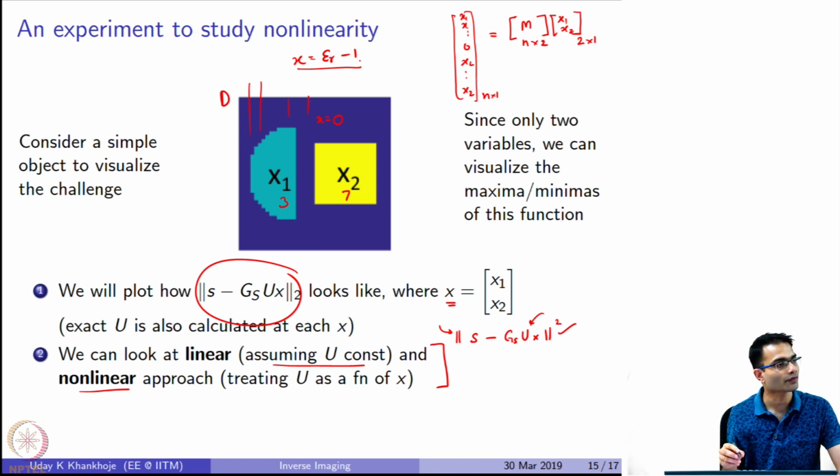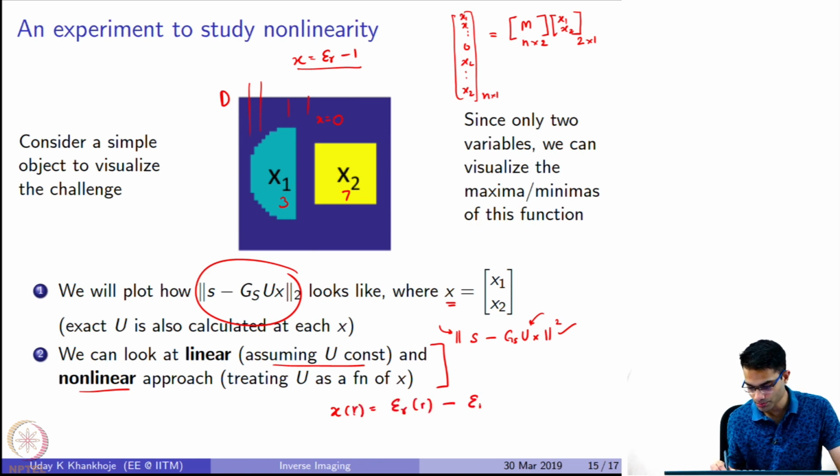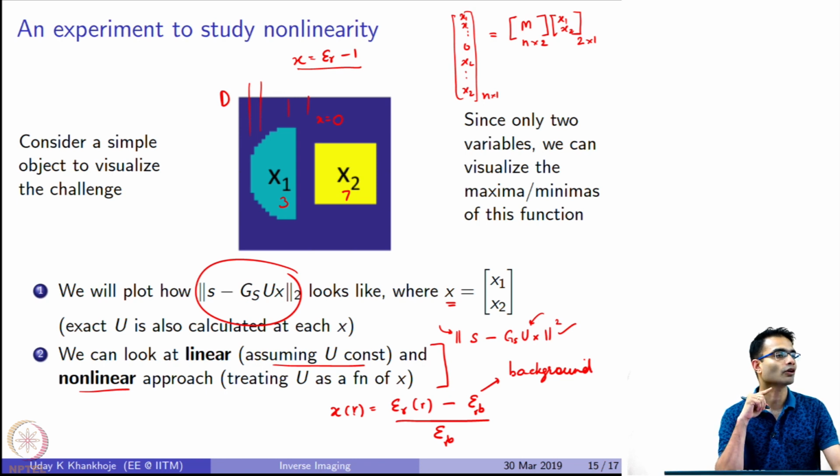The true definition of contrast is actually like this: chi r is equal to epsilon r relative minus epsilon b by epsilon b, where epsilon b is the permittivity of a background medium. So if background medium was vacuum, it is epsilon r minus 1.